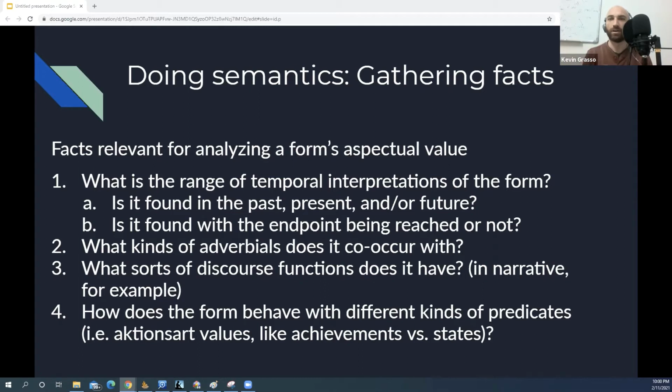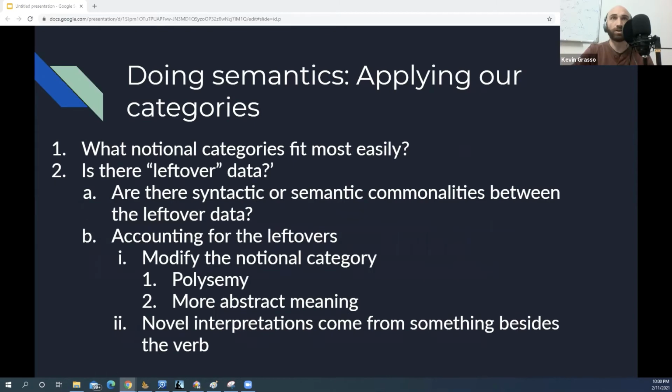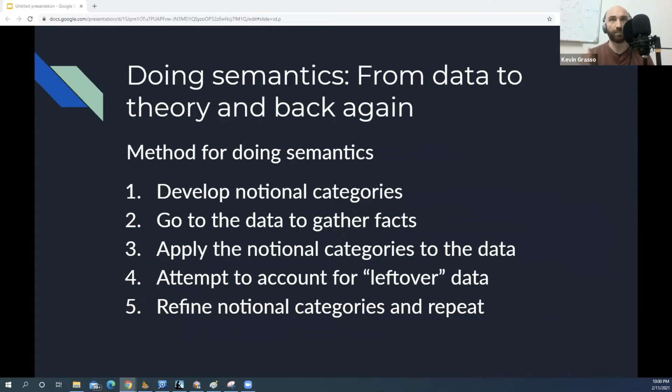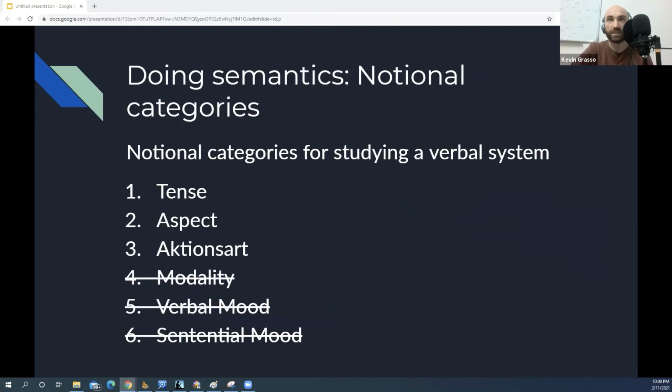And see how this verb form interacts with the predicate. That's really, really important for determining the aspectual value of the form, and that's one of the things we'll be discussing with Greek especially. Okay, so let me just go back again. We gathered the facts, right? So we develop notional categories, then gather facts. We talked about the kinds of facts that we gather. Now we should apply the notional categories to the data. So what does that look like?